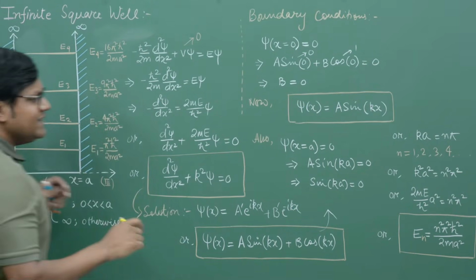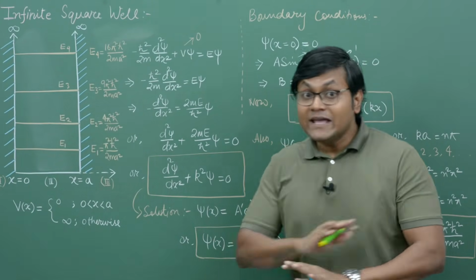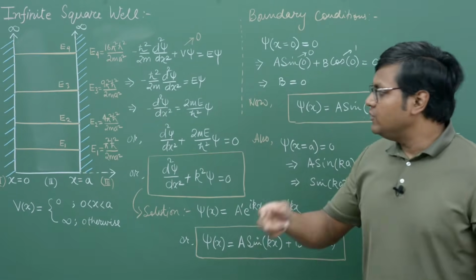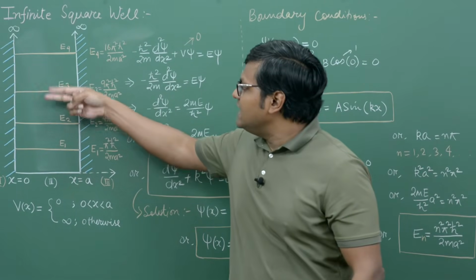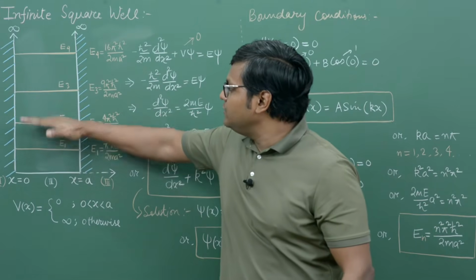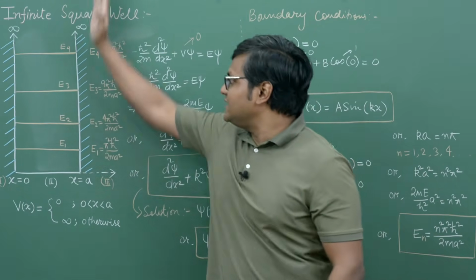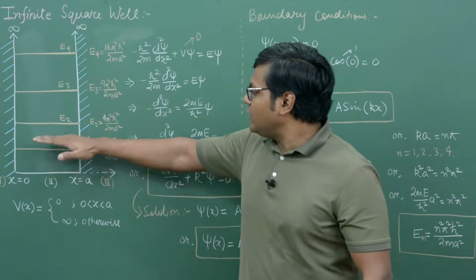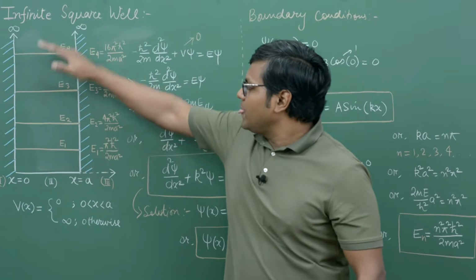So that means a particle is not allowed to have any energy between these levels. Think of this as an energy axis. The particle cannot have energies in between these levels.